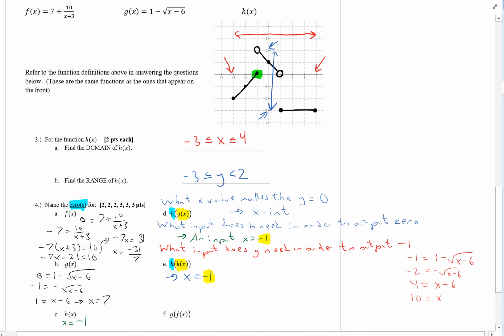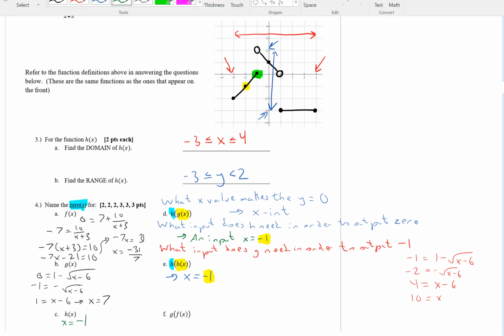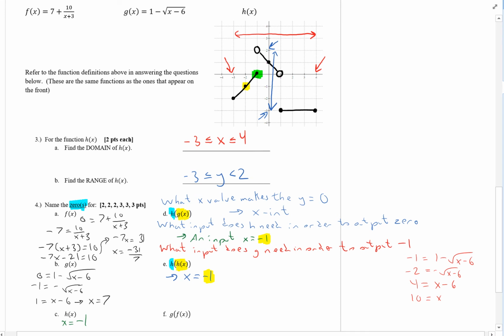The y value of h of x is -1. The output is -1 over here when the x is -2. So the 0 of this whole thing is x equals -2.